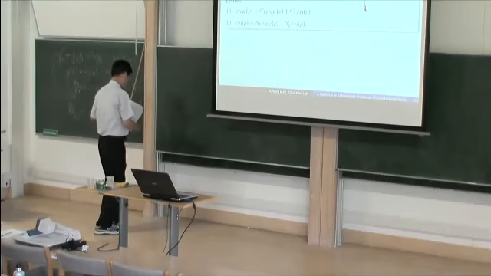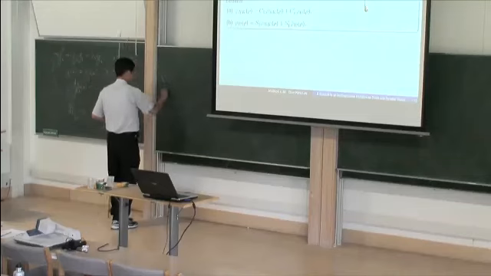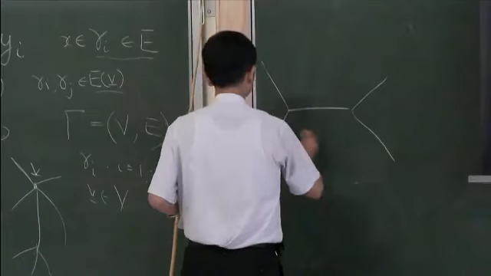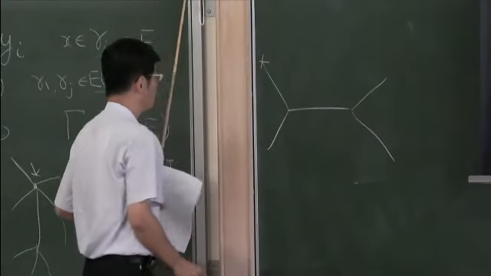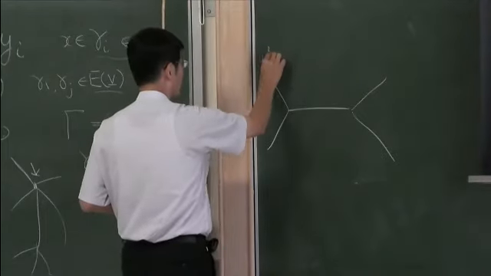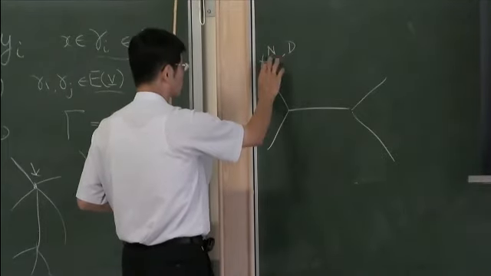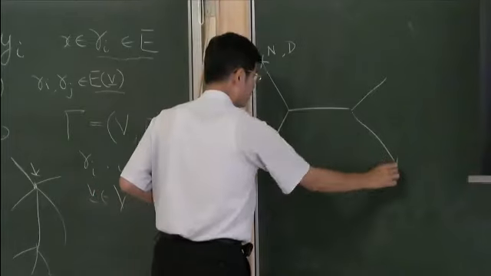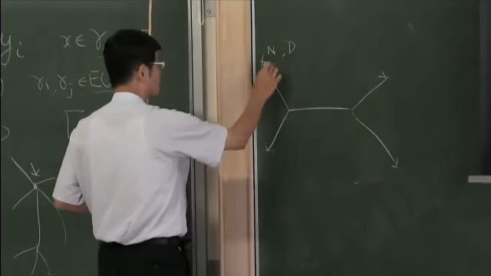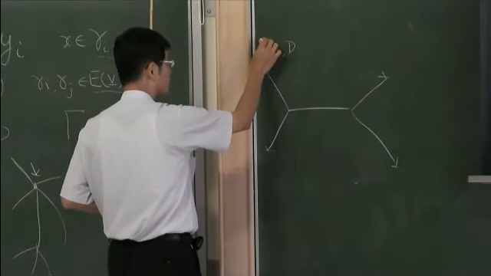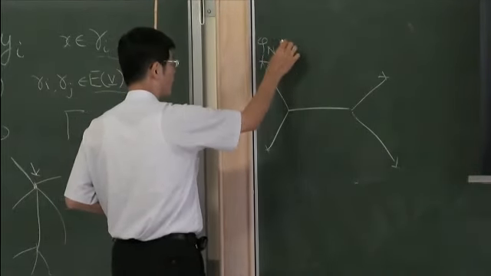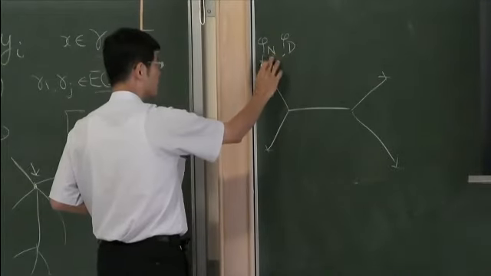Suppose we have a tree. So we fix one point here. This point can be Neumann or Dirichlet, and then the other points are all Neumann. Then the corresponding characteristic functions I call phi_D and phi_N.